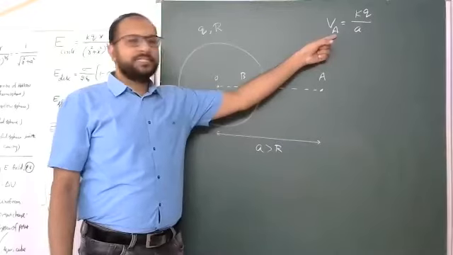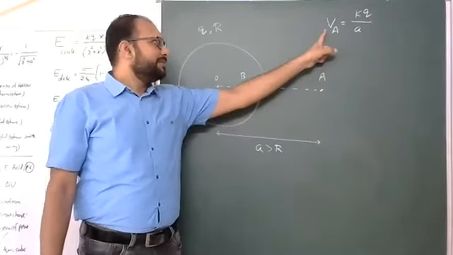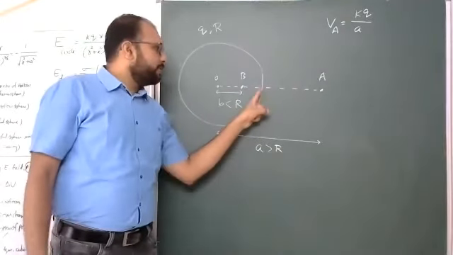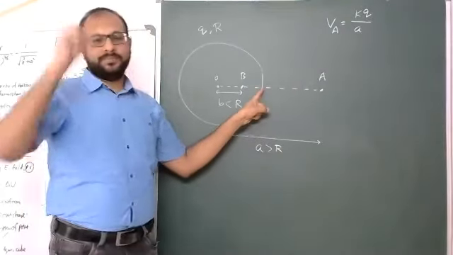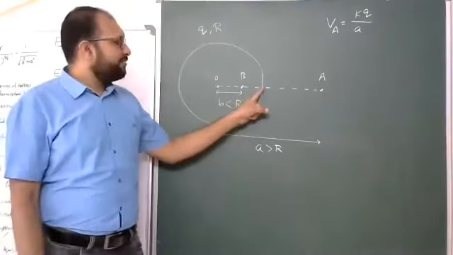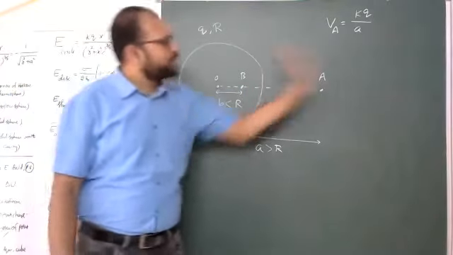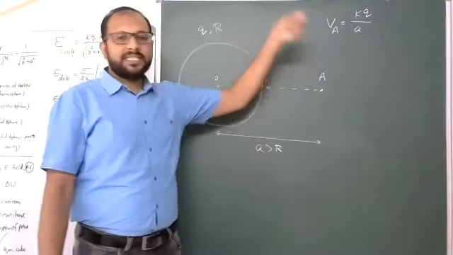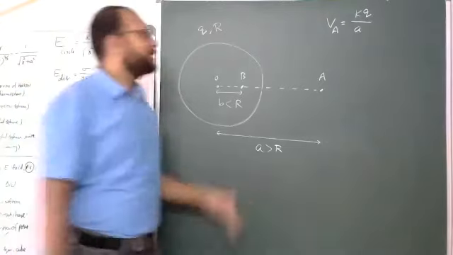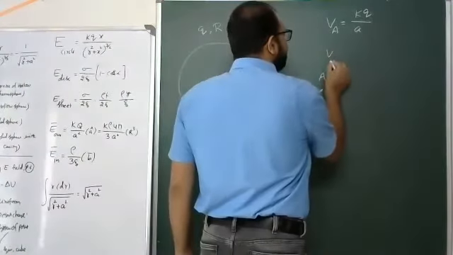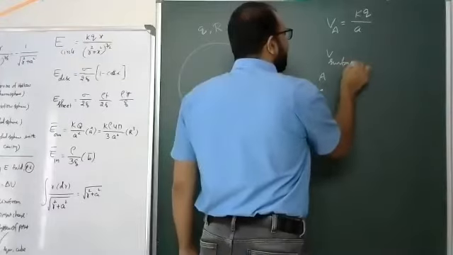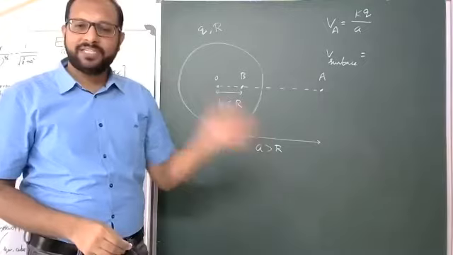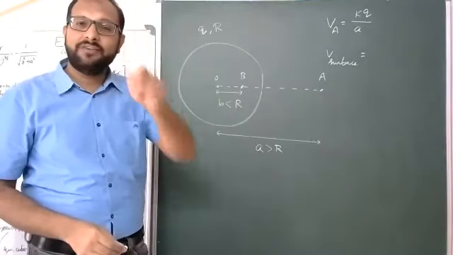That means the same derivation, so this equation is valid up to the surface of the sphere only. So on the surface of our hollow sphere, this equation is also valid.